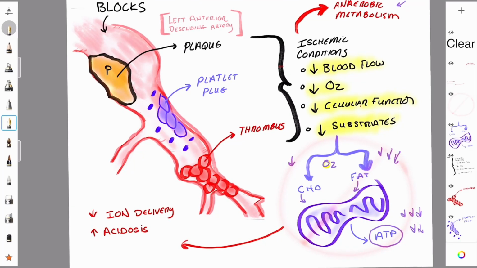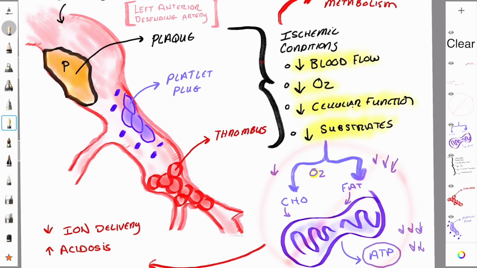So what else is going to occur is that ion delivery is going to be decreased. And as you all know, cells require lots of sodium and potassium and chloride. They're going to require these ions to assist with depolarization and contraction of the heart.